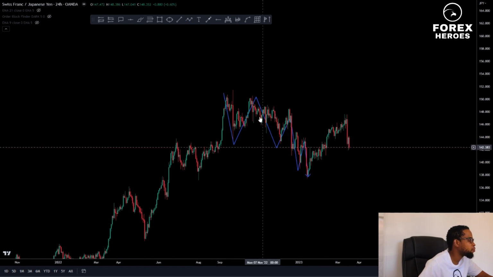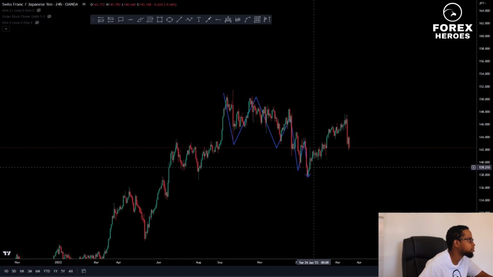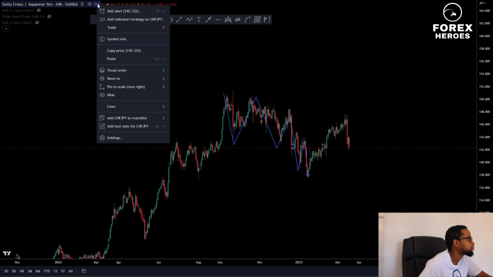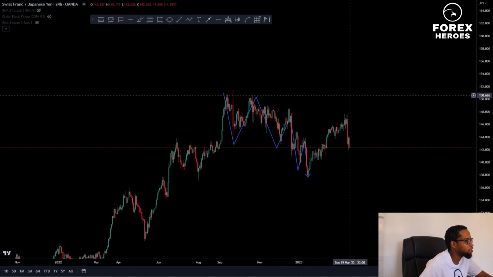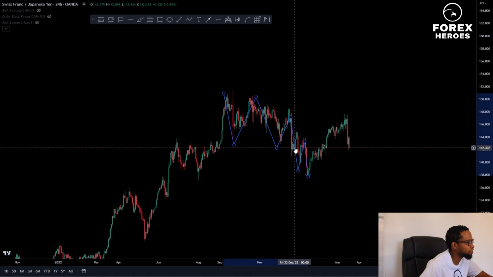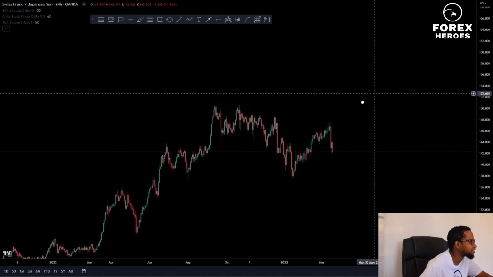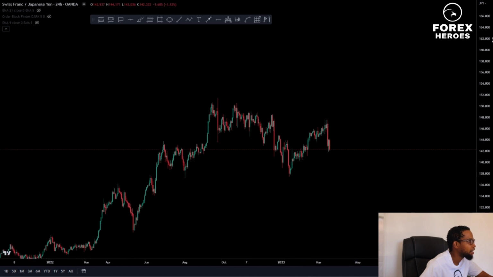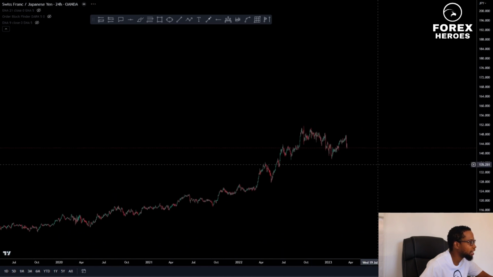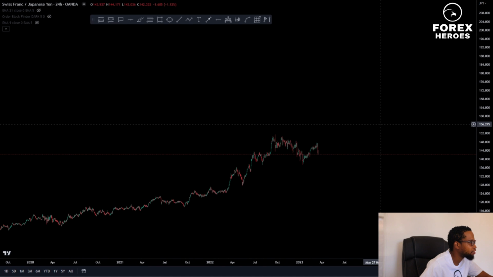So are we done with the downtrend, or are we simply going back to the uptrend, or are we still pushing further to the downside? Okay, let me see. Looking at this, if I look at this way, let me zoom out. I can safely say that we are still in an uptrend.